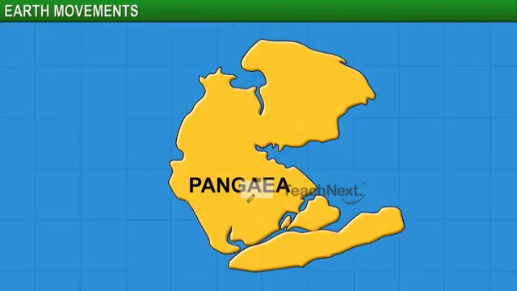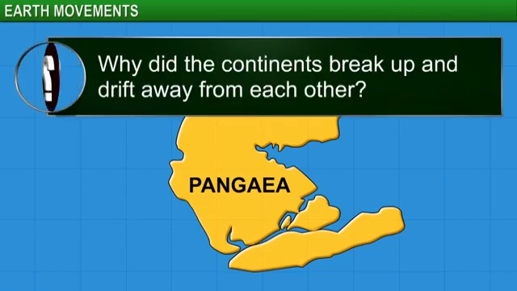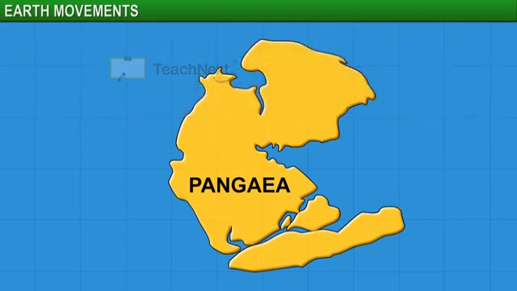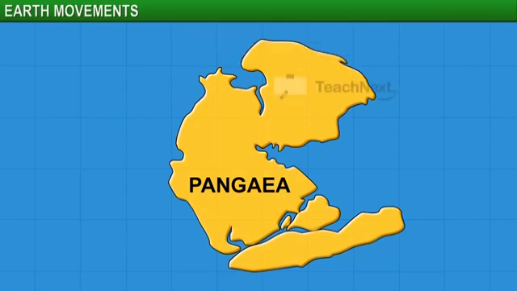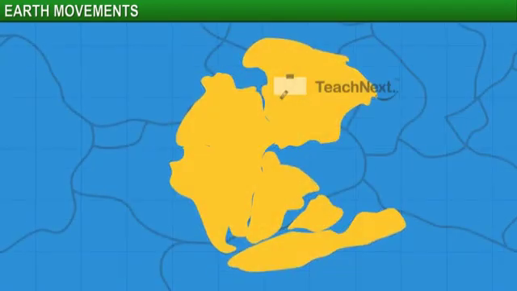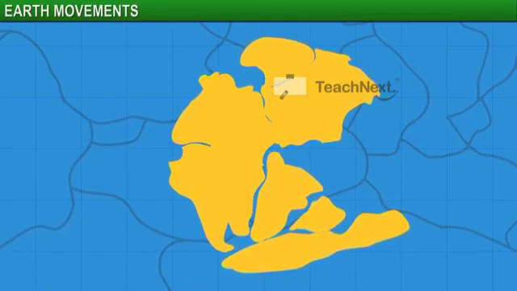But what caused the continental drift? In other words, why did the continents break up and drift away from each other? Another theory, the theory of plate tectonics, can answer this question. Let's look at the basis of this theory.